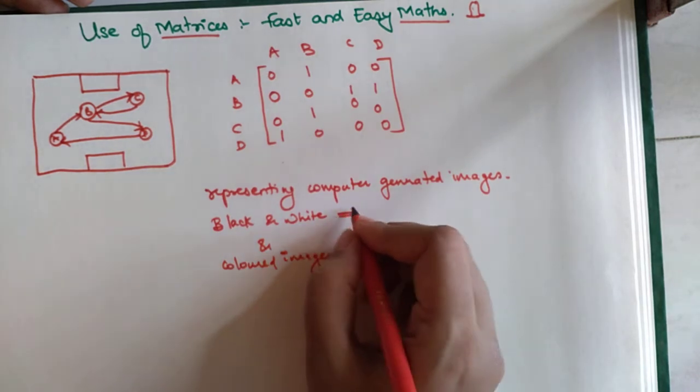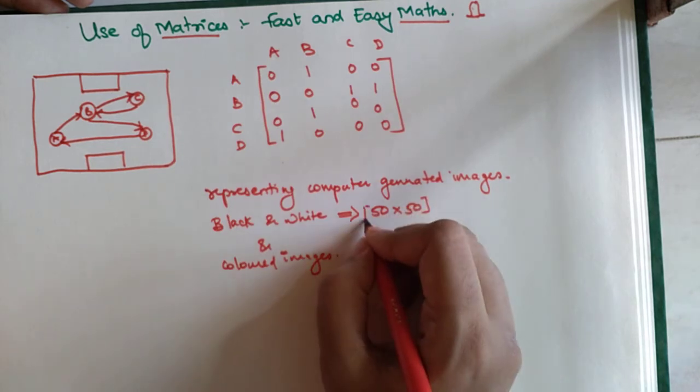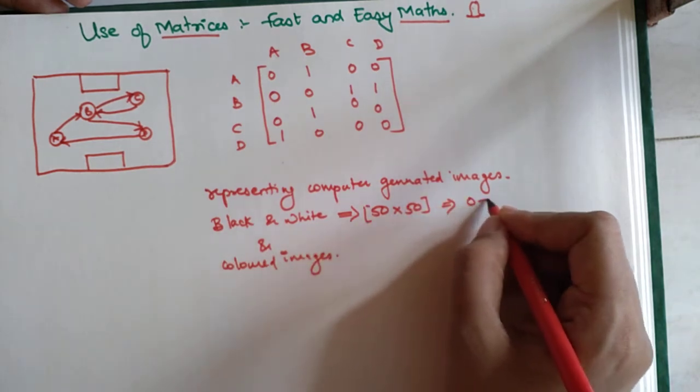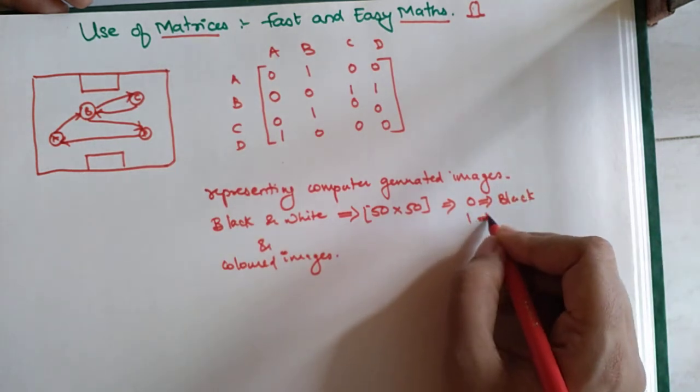For a black and white image we have a 50 by 50 matrix where 0 denotes black color and 1 denotes white color.